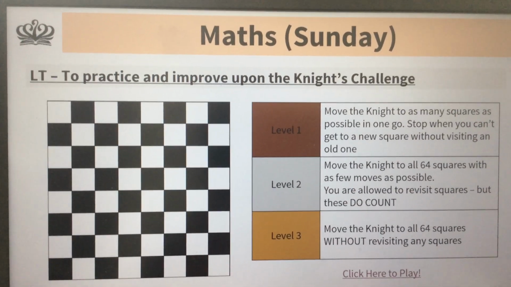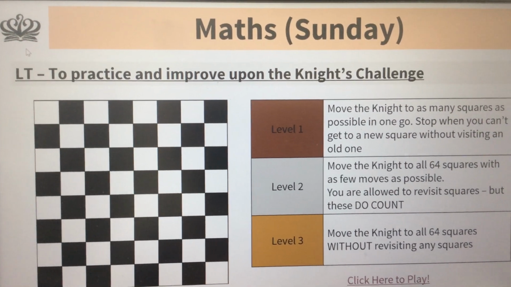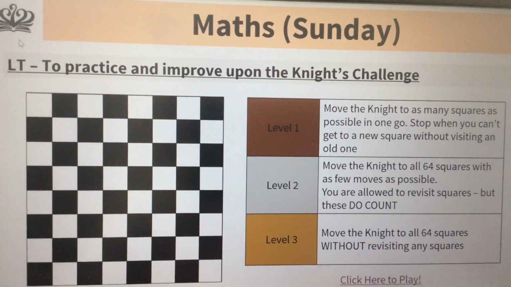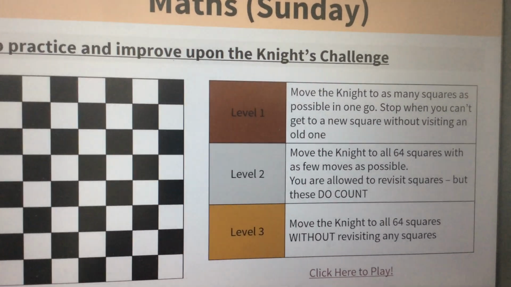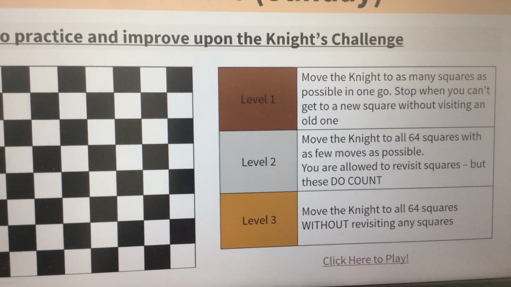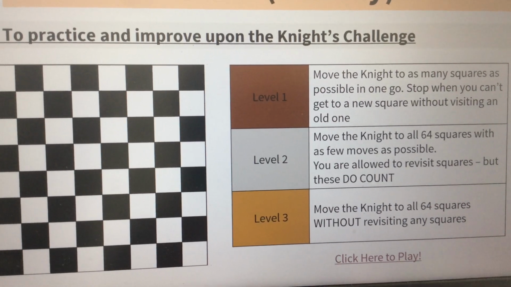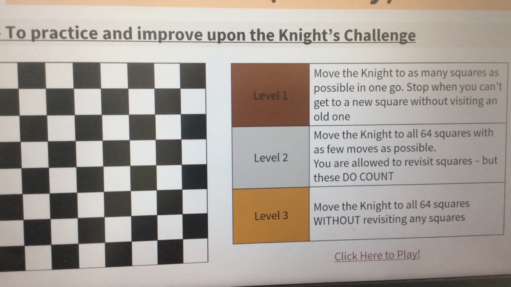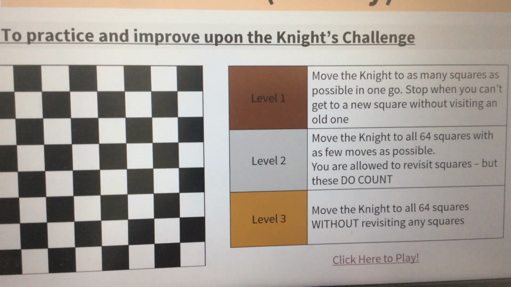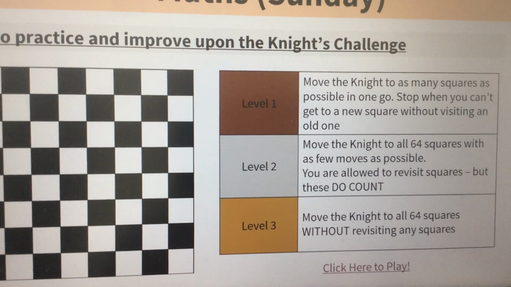So your challenge today is to use the game. Okay, I'll show you in a minute. So move the knight to as many squares as possible in one go. This is level 1. Stop when you can't get to a new square without visiting an old one. So when you get trapped, see how many squares you can go to. Level 2 is move the knight to all 64 squares.